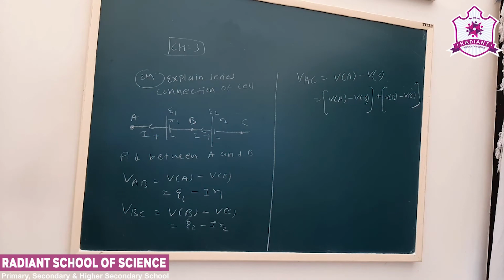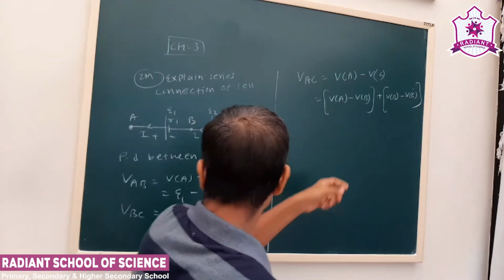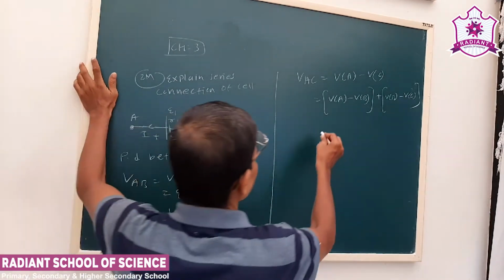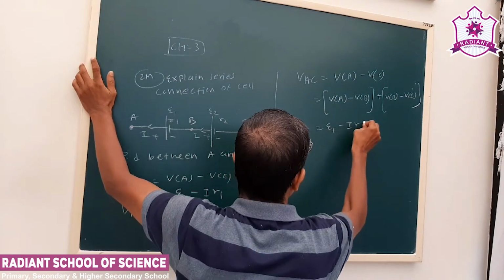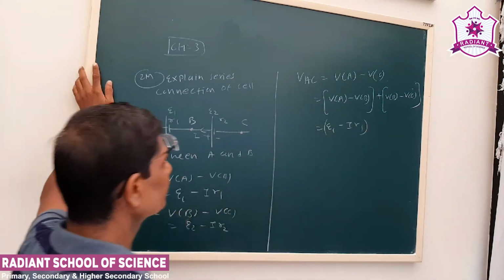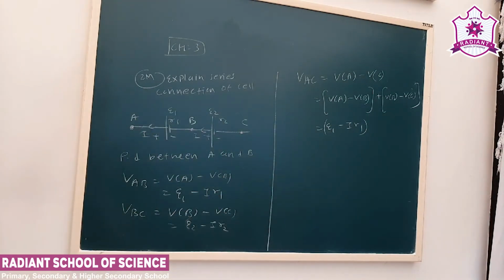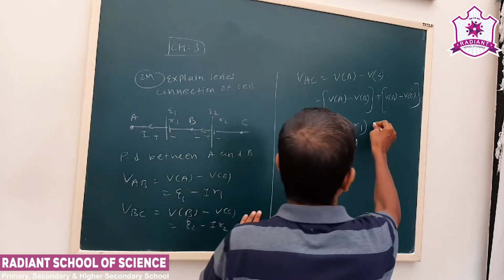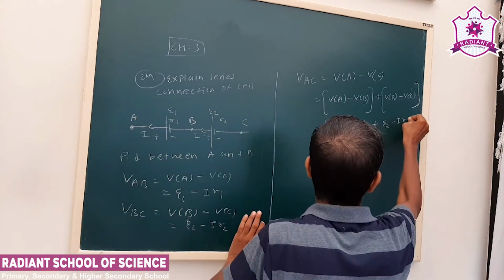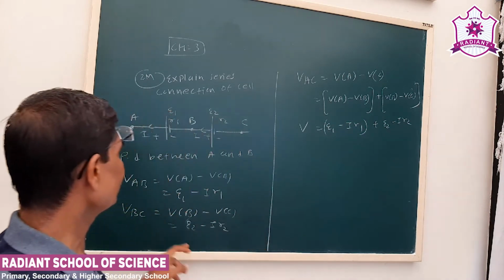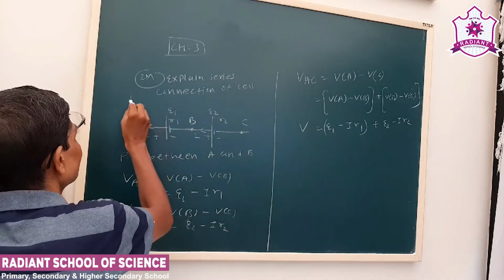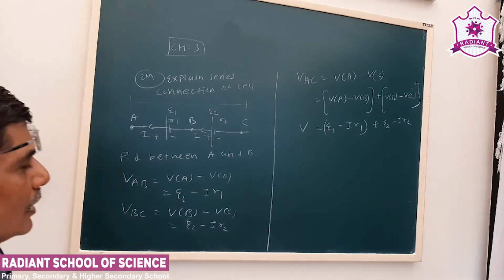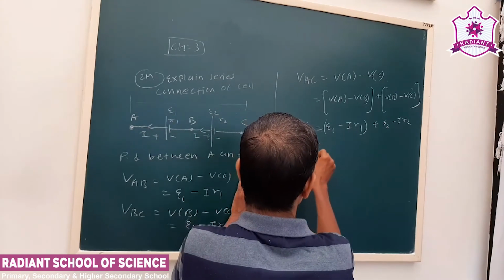So here VA minus VB is our IR1, and VB minus VC is as well. Now the PD between A and C, let us call it P. Now we rearrange the terms.